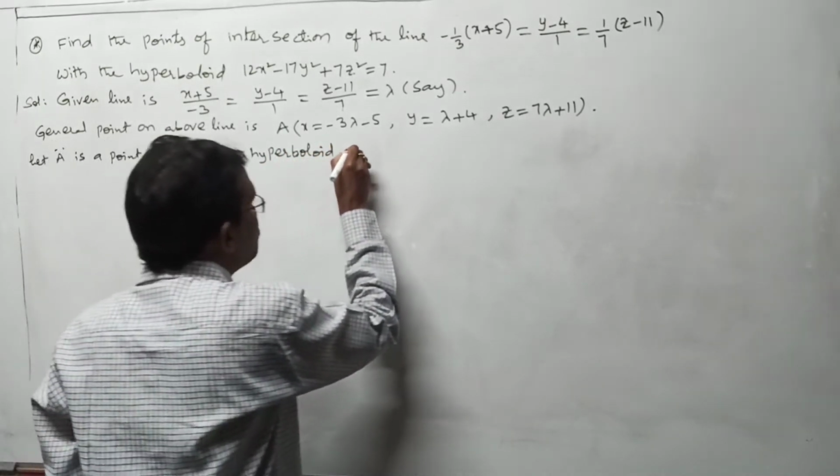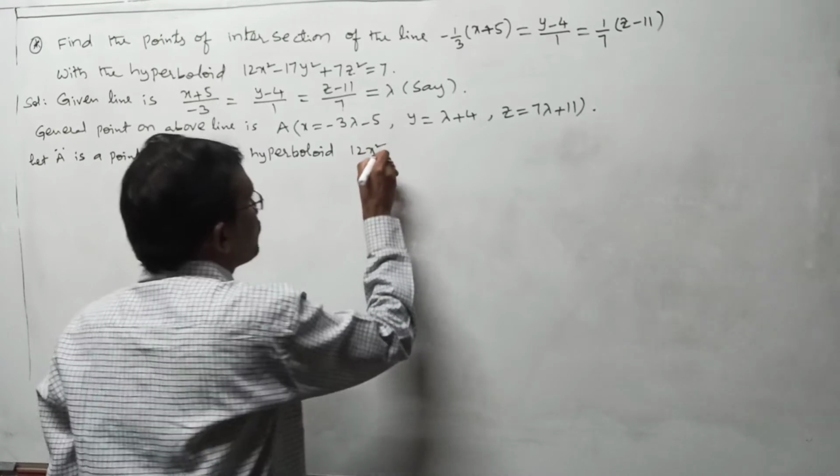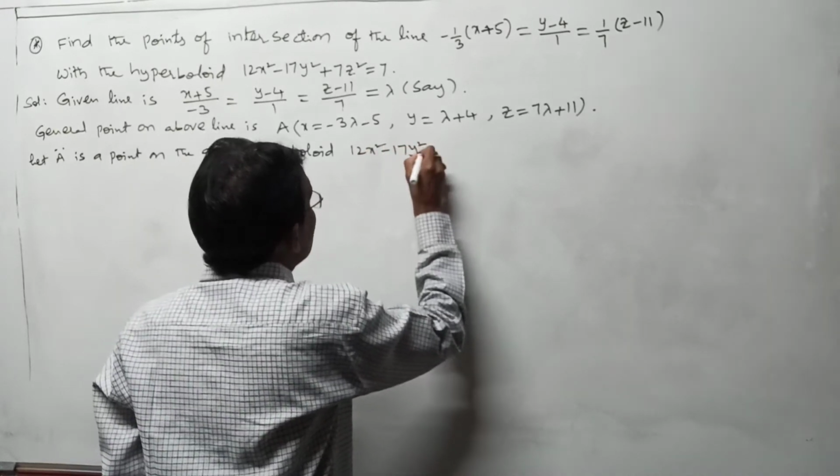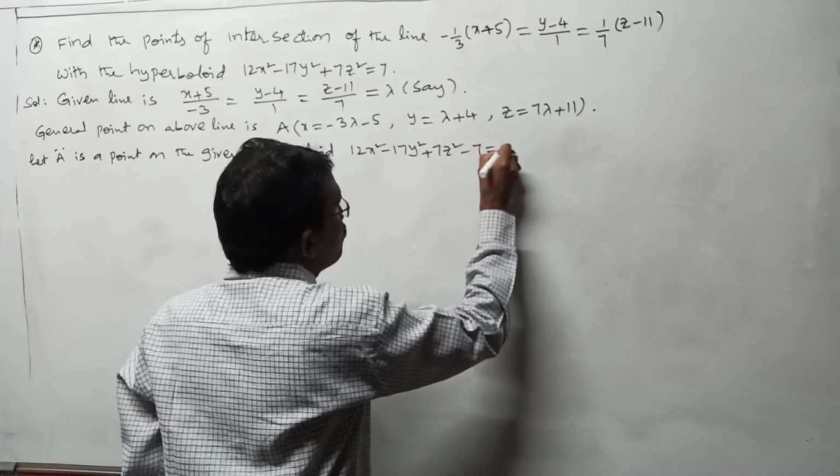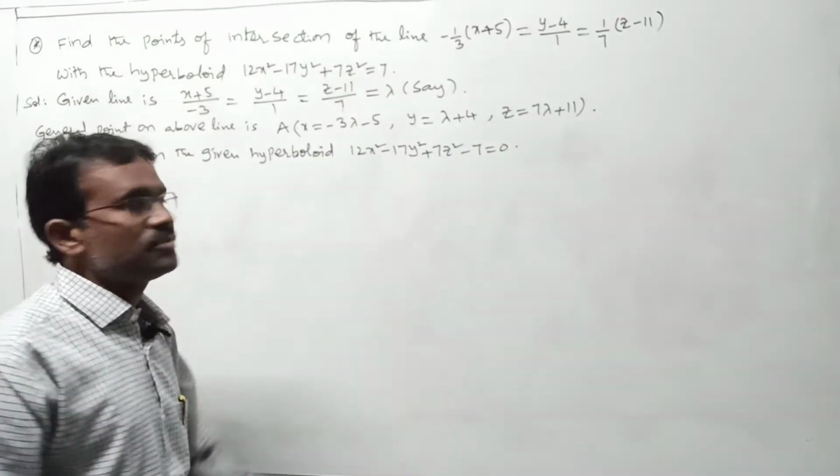What is that hyperboloid? 12x² − 17y² + 7z² − 7 = 0, because this 7 I am taking to the left side.